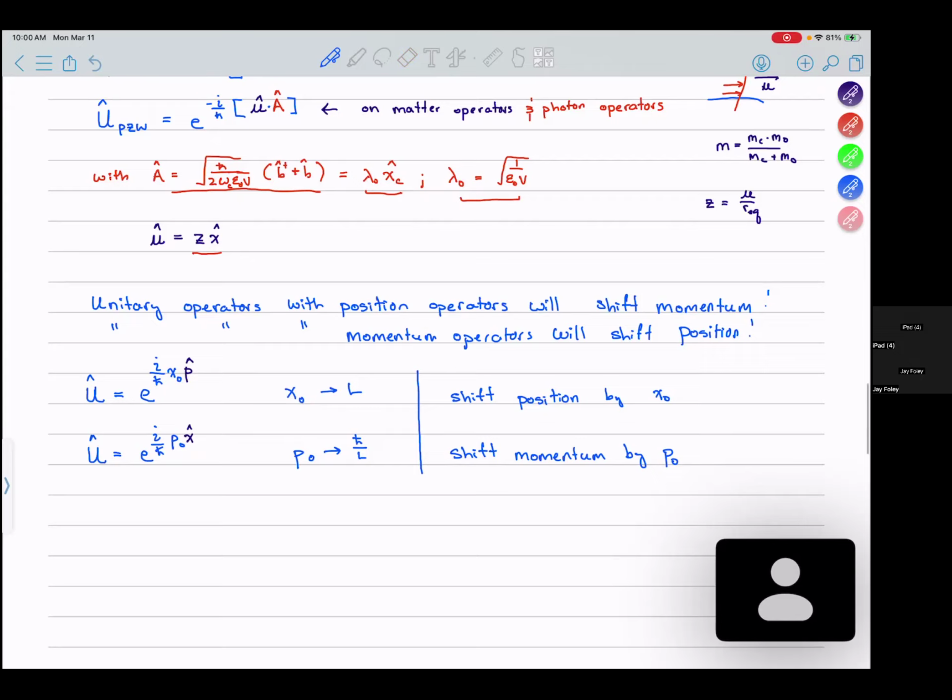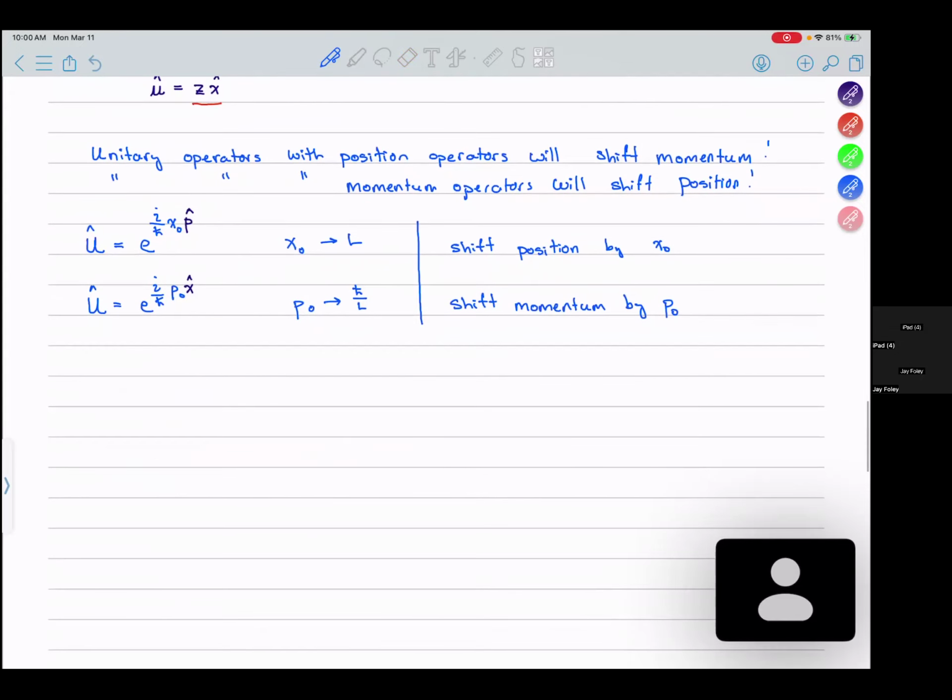Okay, but the real important thing here is that these unitary transformations are written in terms of a Hermitian operator multiplied by i and some magnitudes. And the operator that shifts the position involves the momentum operator, and the operator that shifts momentum involves the position operator.